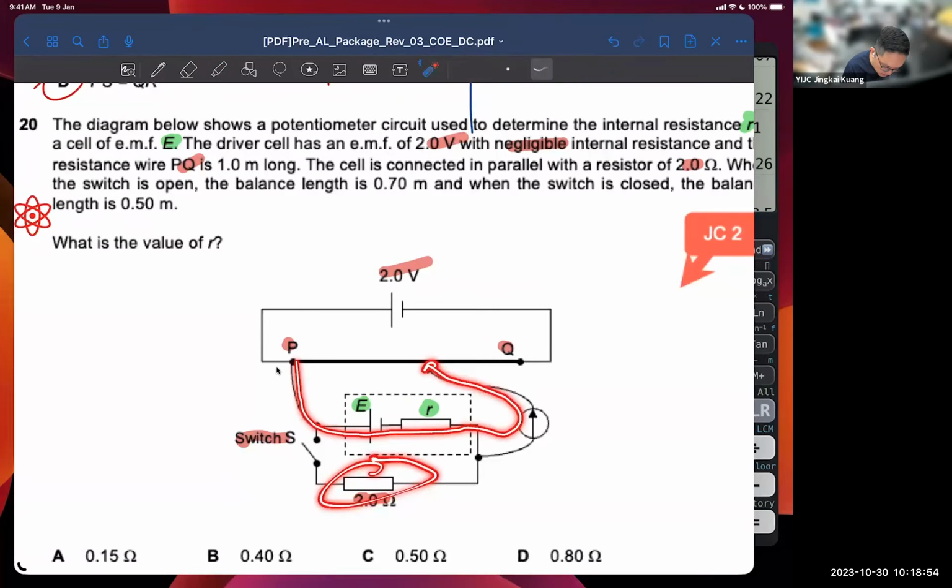Remember your galvanometer measures current. So it's about whether, no matter how small, there is no current flowing through. So for this comparison, let's call this length VPA at this point here.